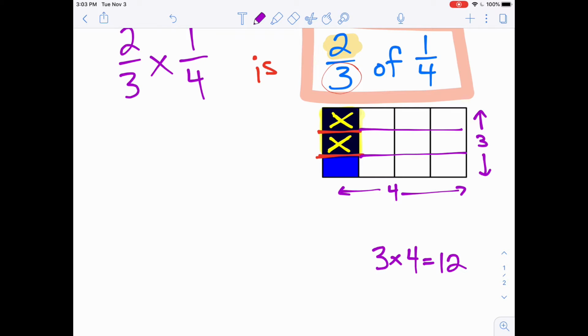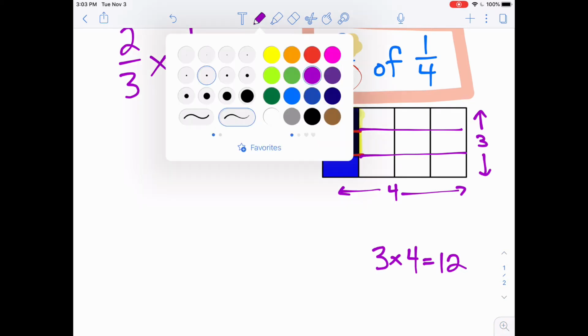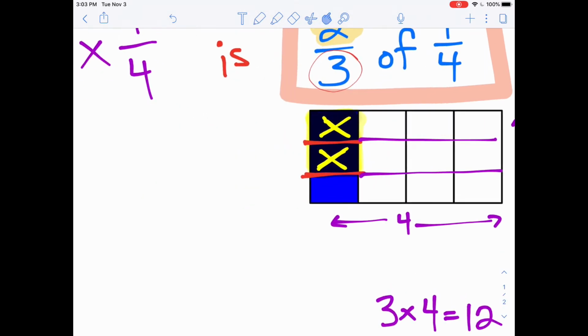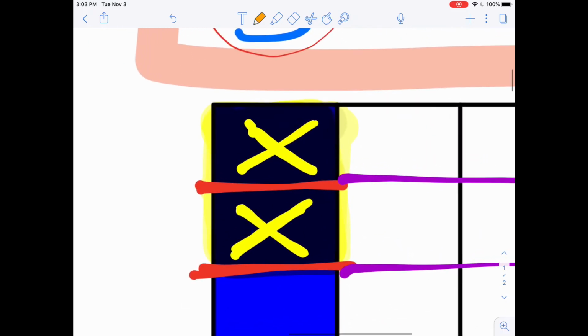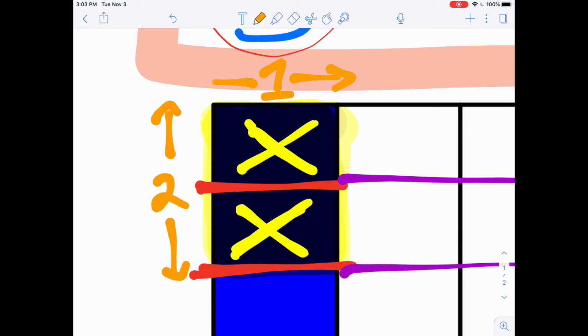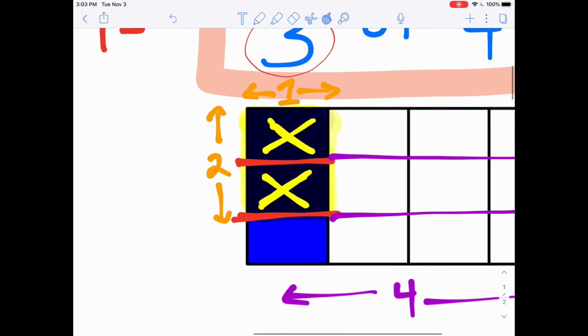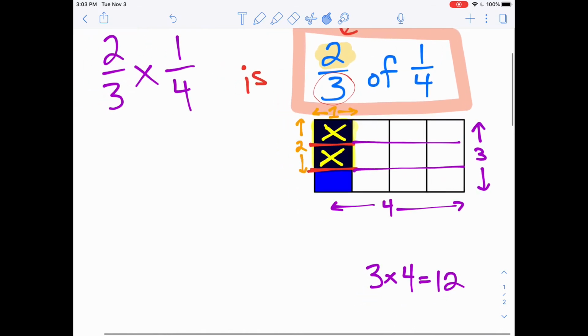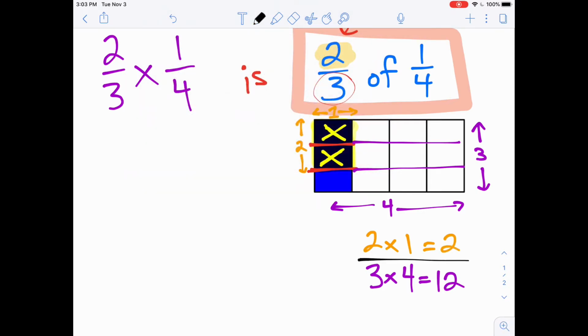Then I can look at the piece with the X's. I'm going to zoom in and see that it's 2 tall and 1 wide. So I can just count them, or I could say that's an array of 2 times 1 equals 2. So our answer ends up being 2/12, which I could simplify into 1/6.